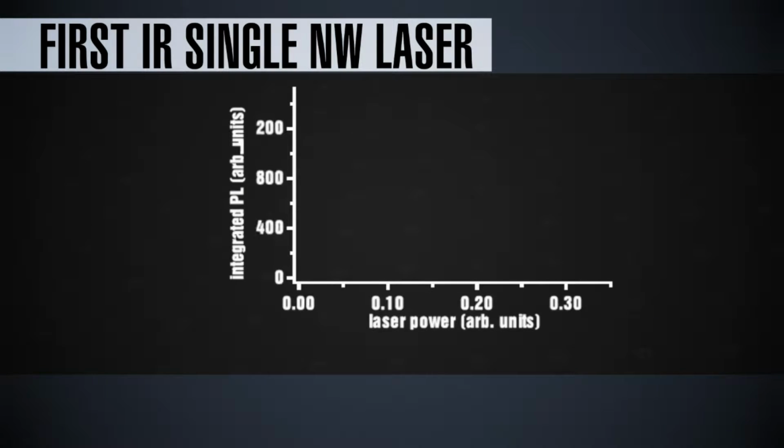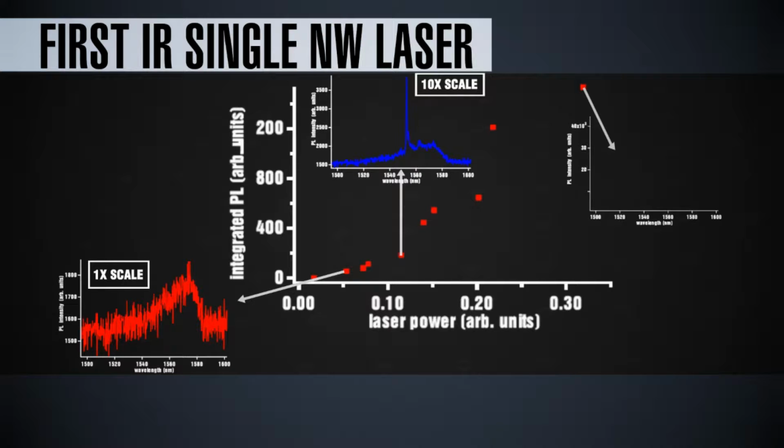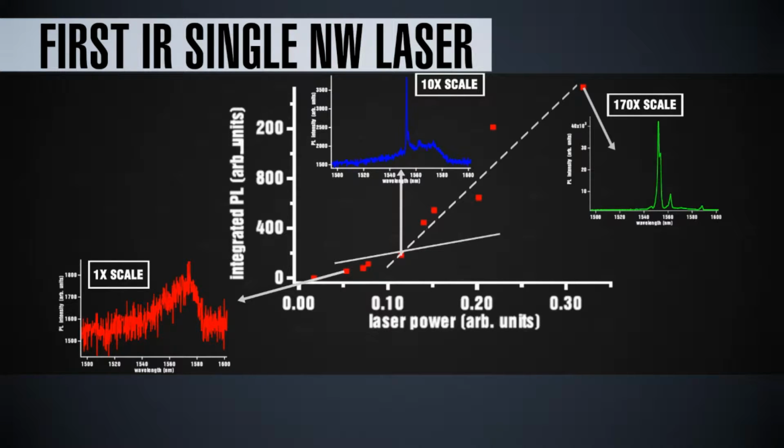So far, the lasers investigated in the literature include zinc oxide and wide band gap materials like gallium nitride, indium nitride, and a variety of other materials. This image shows the very first infrared single nanowire laser using a gallium antimonide nanowire, which is useful in the telecommunication band of approximately 1.5 micron.